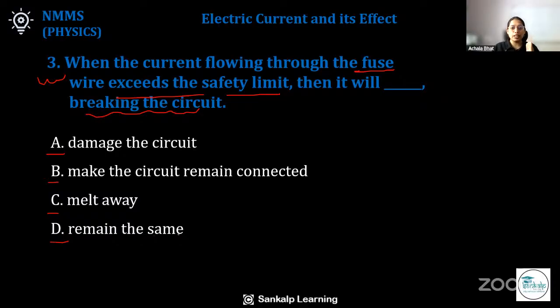Which one is correct? Usually, a fuse wire is made of a wire with a low melting point and high resistance. So when current flowing through that fuse wire exceeds the safety limit, in case of overload, that wire melts away.